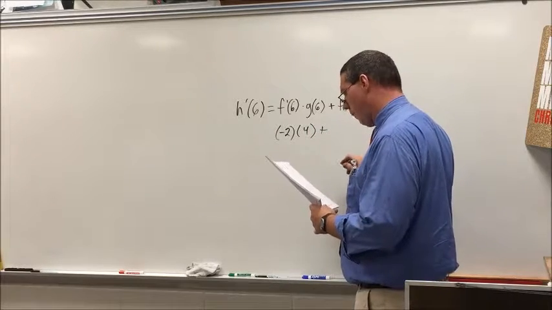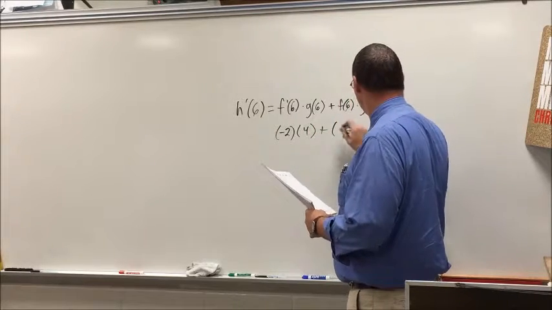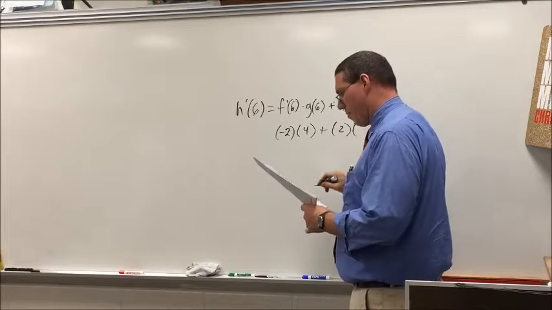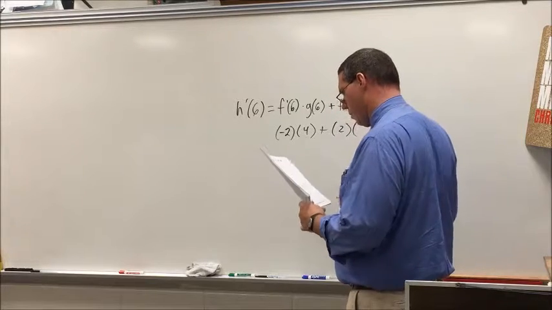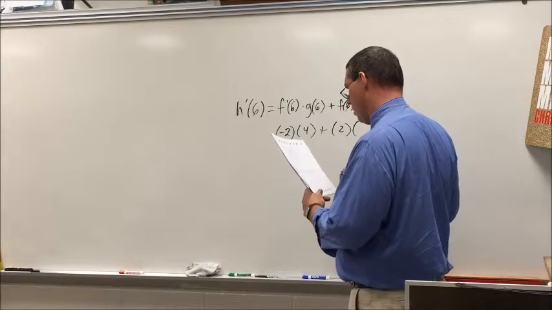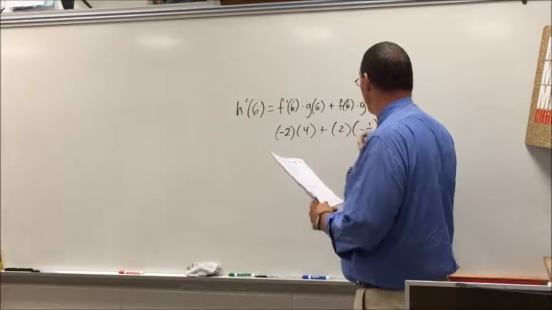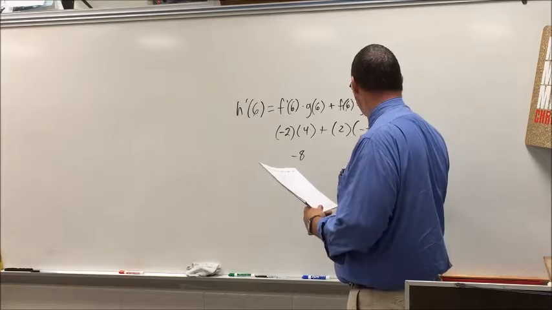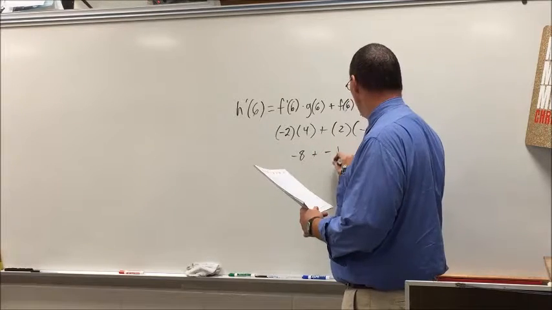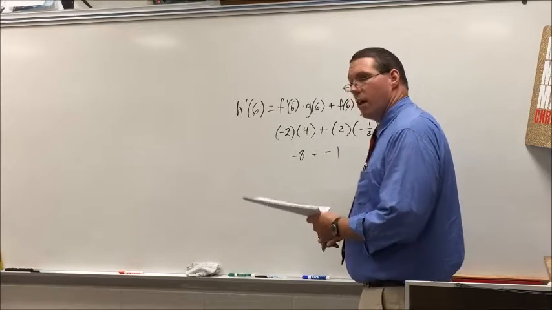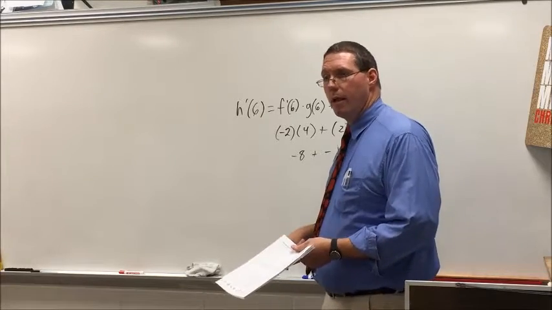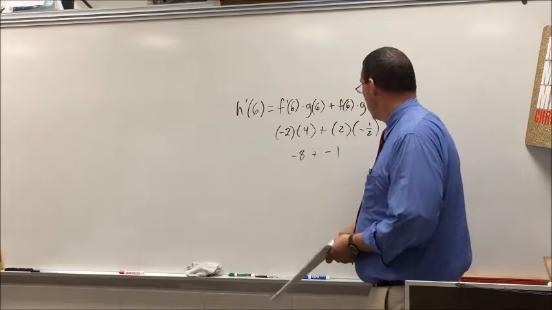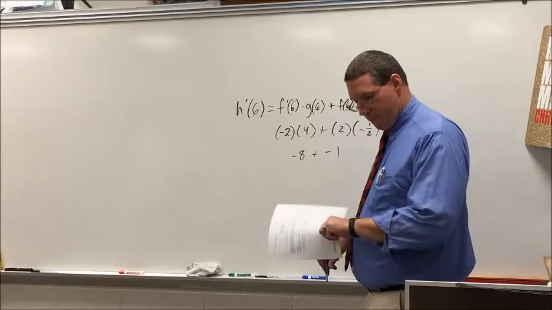Plus, what's f of 6? 2. And what's g prime of 6? Negative 1 half. So we got negative 8, and then 2 times negative 1 half is negative 1. So plus negative 1. What do we get? Negative 9, which is option A.